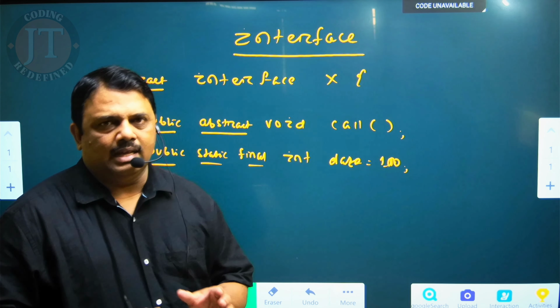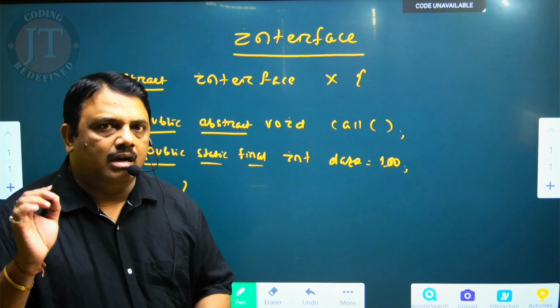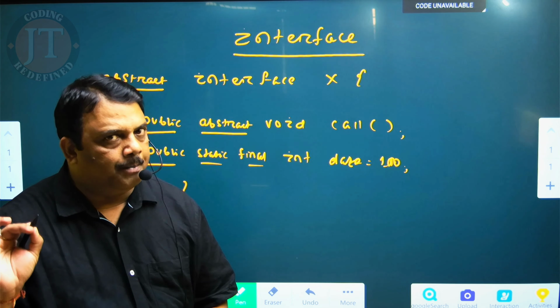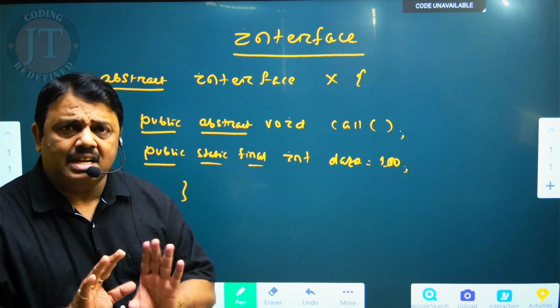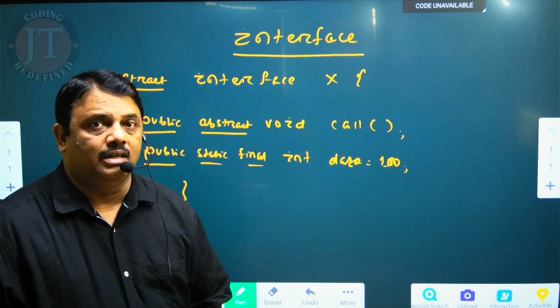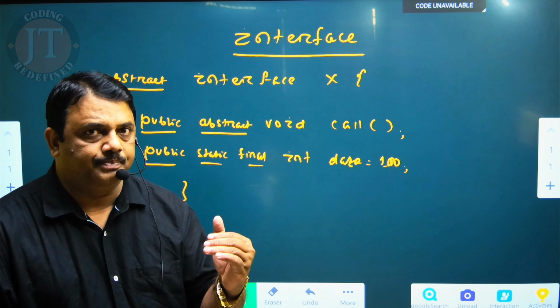But nowadays, some new characteristics are added in JDK 1.8 and 1.9. It says I can define some methods within it. What type of methods can I define? That is the main question.